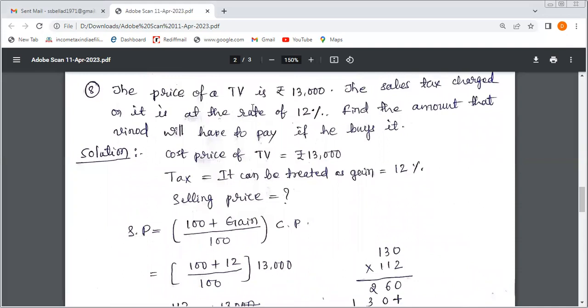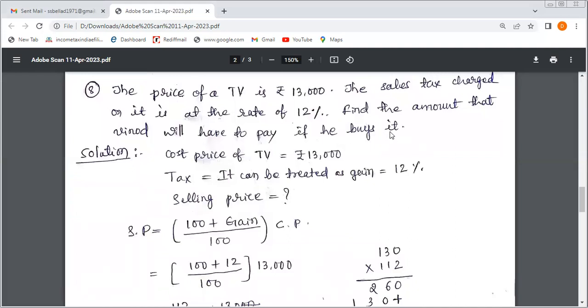The price of a TV is rupees 13,000. The sales tax charged on it is at the rate of 12%. Find the amount that Vinod will have to pay if he buys it.